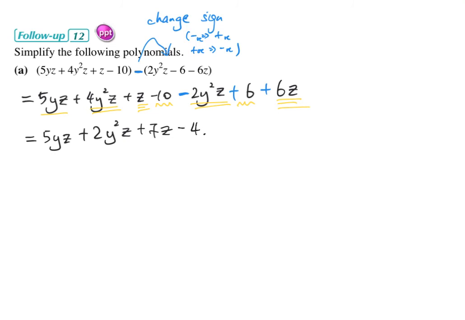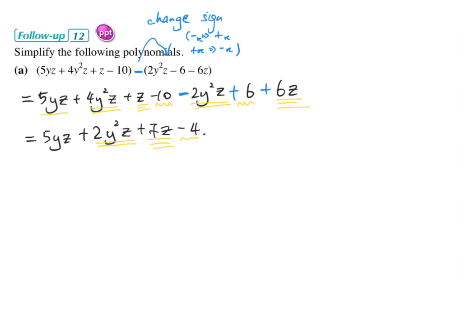Okay, so that means this is a combined term by plus 4 and minus 2. This is another combined term, that is z plus 6z. Okay. And at last, the constant term also combined by minus 10 plus 6.